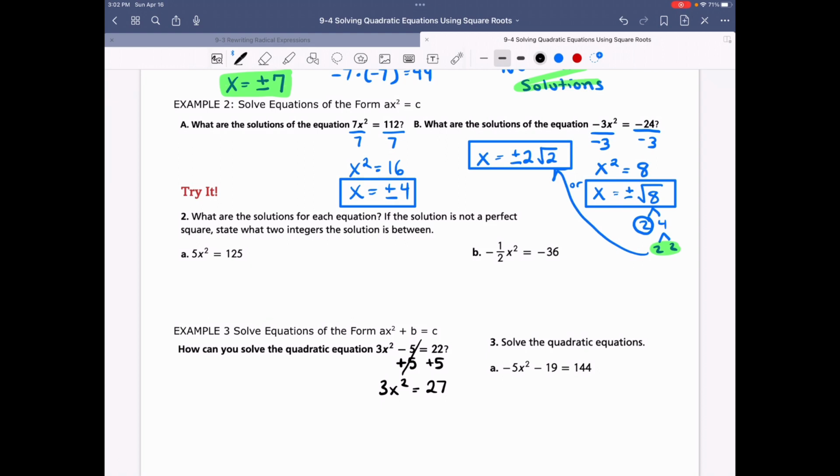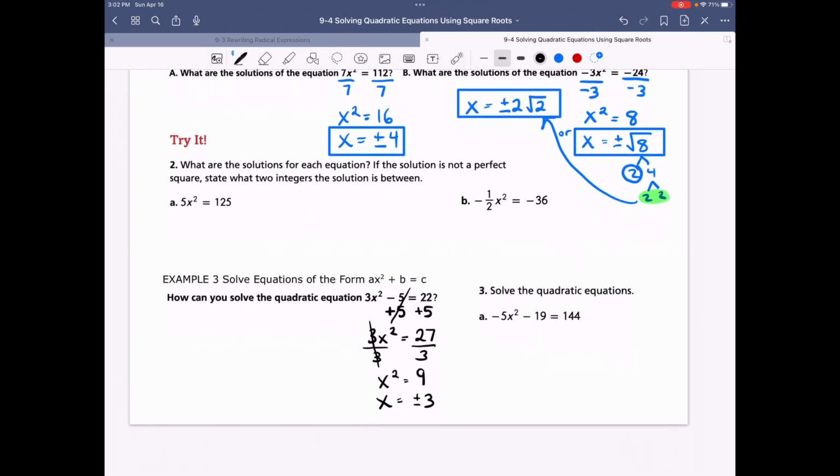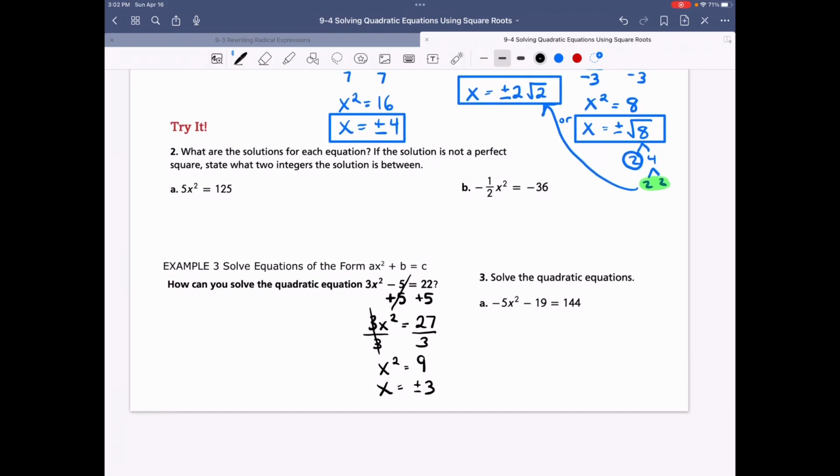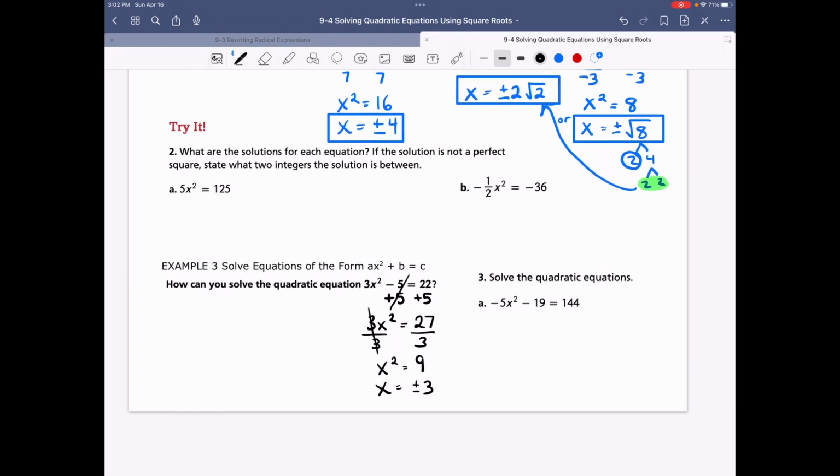What's the next step? Great, divide by 3. The 3's cancel, x squared equals 9. Now I have to take the square root of both sides. So what times what is 9? Yes, 3. So x equals plus or minus 3.